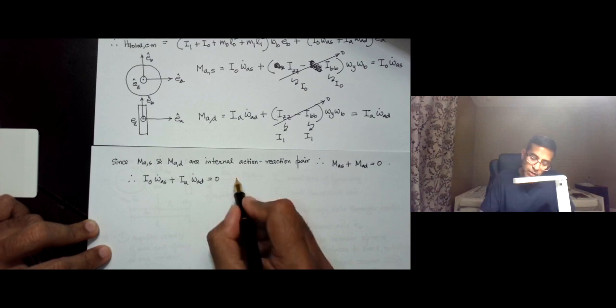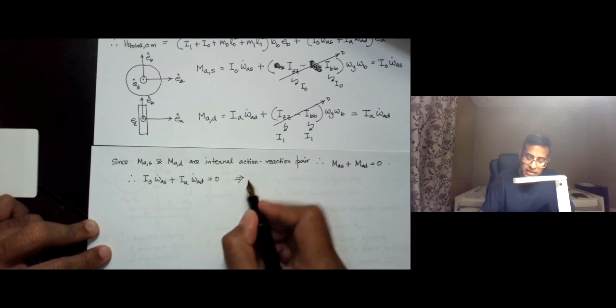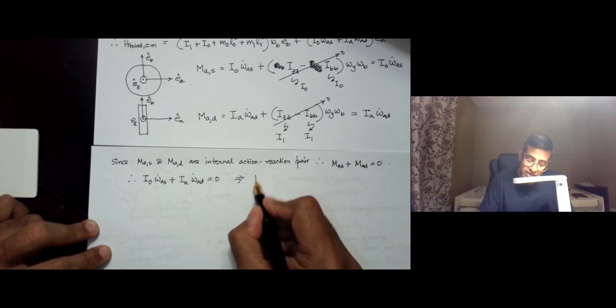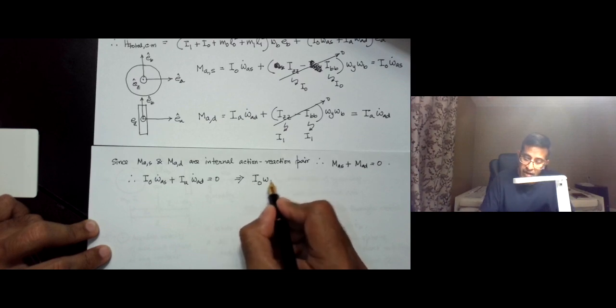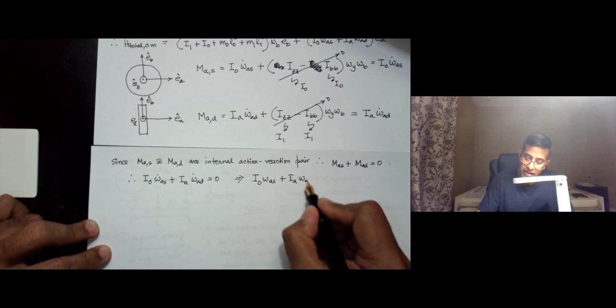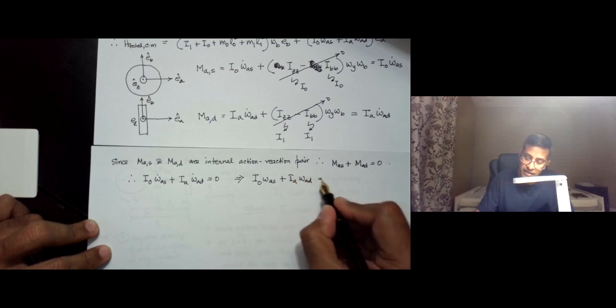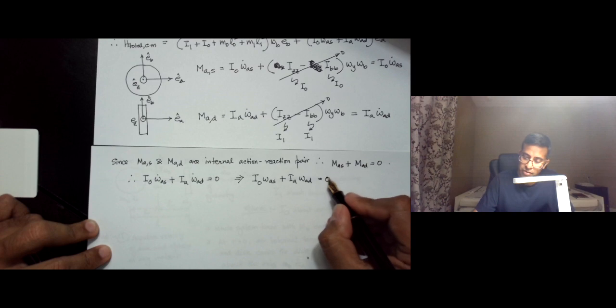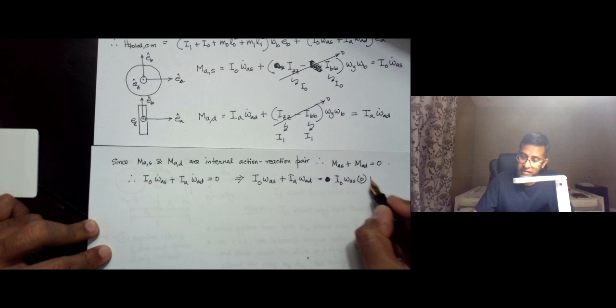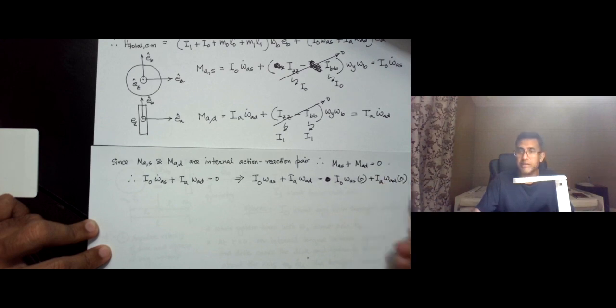Okay, and what that means is that because I naught and IA are constants, we can say that I naught omega AS plus IA omega AD is equal to I naught omega AS at time t equals 0 plus IA omega AD at time t equals 0.